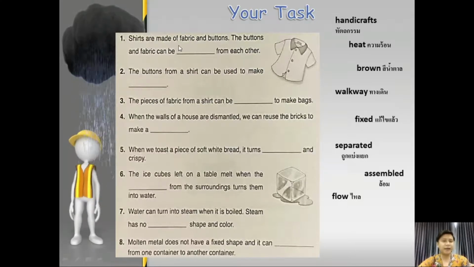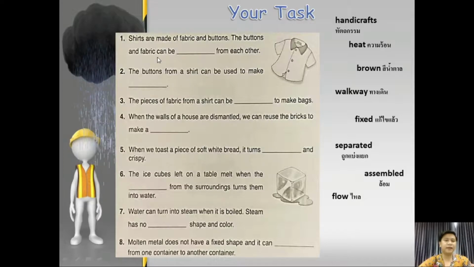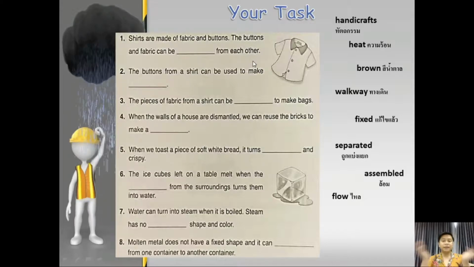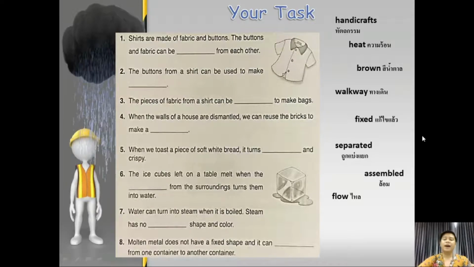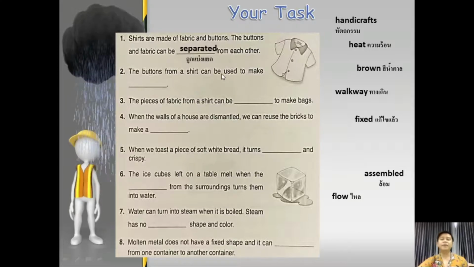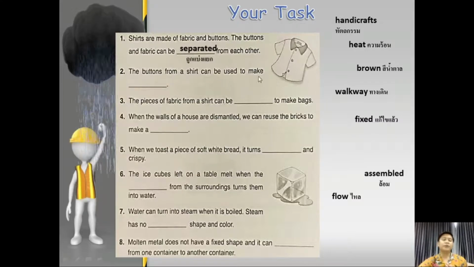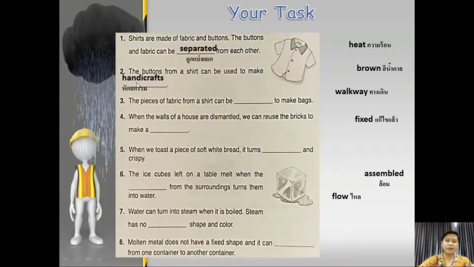Shirts are made of fabric and buttons. The buttons and fabric can be blank from each other. What is the correct answer? Separated. Okay, so next, number 2. The buttons from a shirt can be used to make, I told you earlier, what is it? Handicraft. Very good.